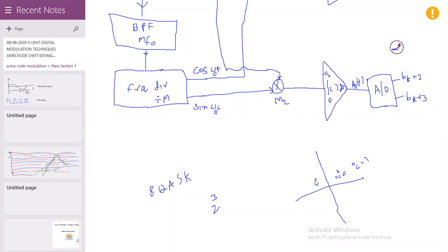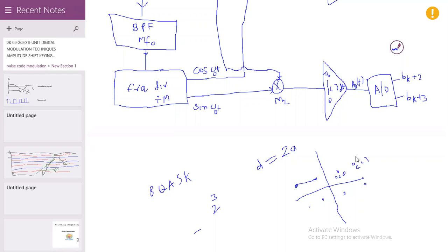So 1, 2, 3, 4, 5, 6, 7, 8. This is U1 of t, this is U2 of t. Let us assume the distance between these is 2A. Then from this, let us assume the points (A, A), (3A, A) and so on.